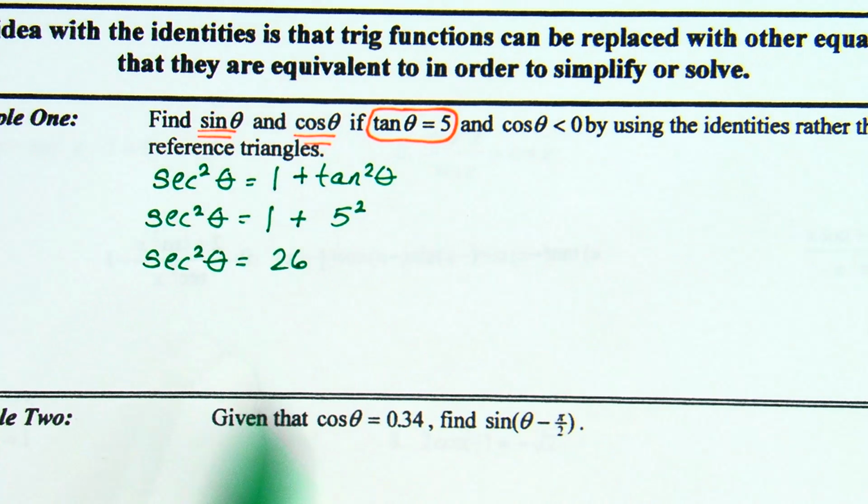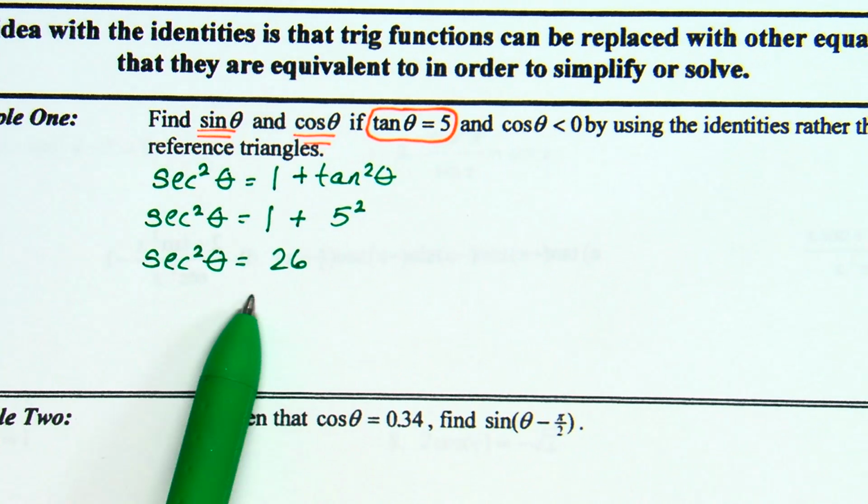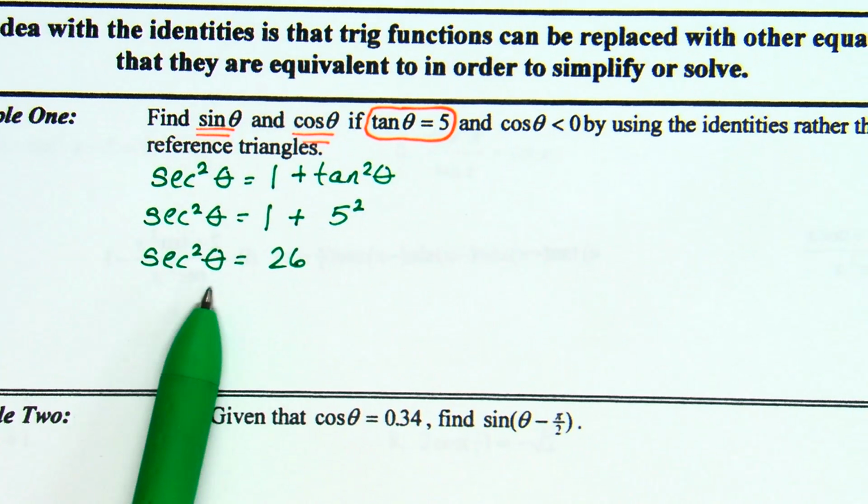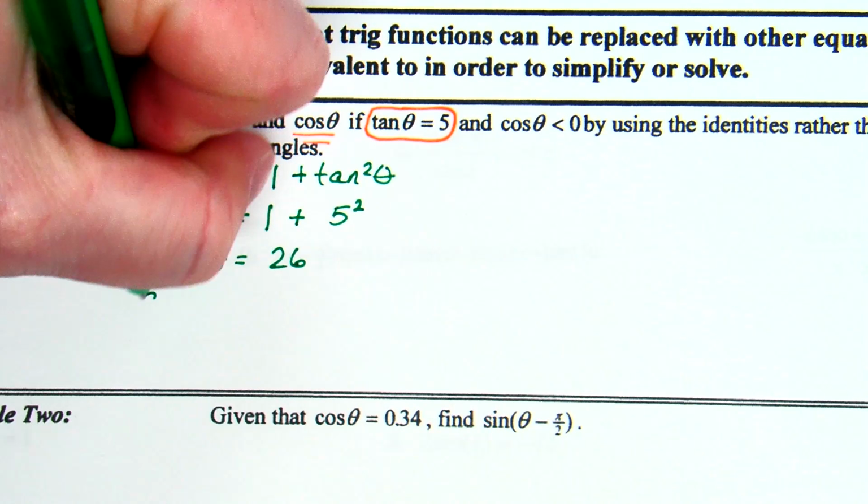So this is secant squared theta equals 26. Think about if this said x squared equals 26, what would you do to find x? You would take the square root, right? So since it says secant squared theta equals 26, we're going to take the square root.